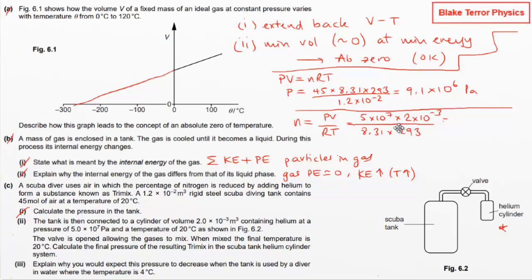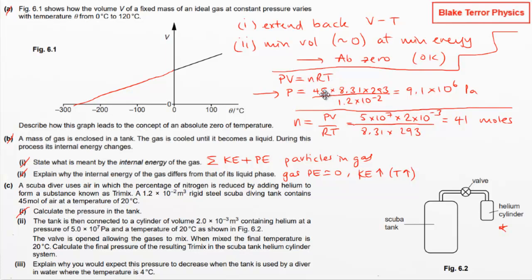So we need to put all of that in to get our moles, which is 41 moles. So we've got 41 moles. Now when it's combined, we can do the final pressure. So we're doing this calculation again, but we're just changing a couple of the numbers.